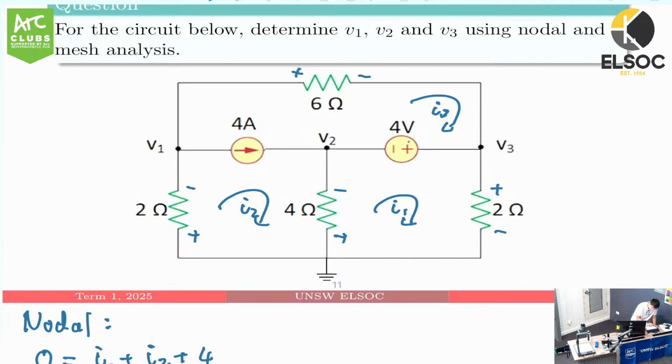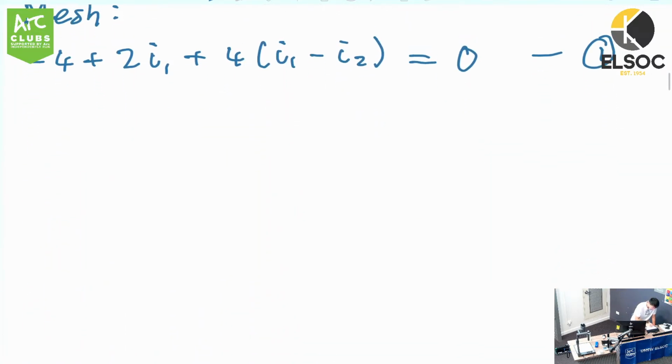I2 is going this way in the direction of the current source, and I3 is going this way. So we get 4 is equal to I2 minus I3. That makes our second equation.